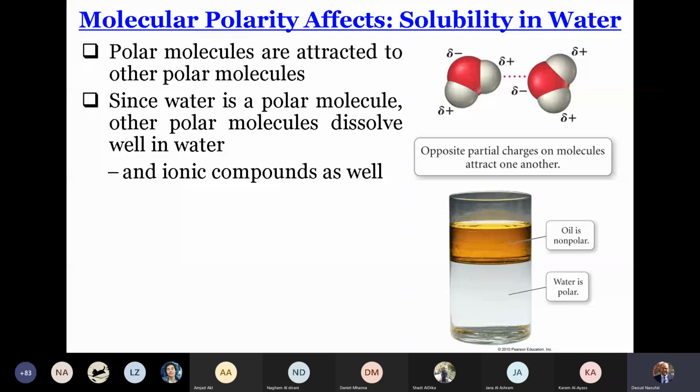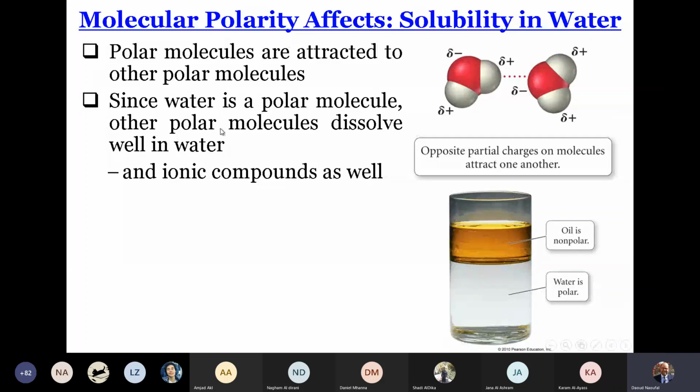What would happen? Between the charges of ethanol and the charges delta minus and delta plus of water, we will have interactions. So water will attract ethanol to itself. For this reason, ethanol is soluble in water.